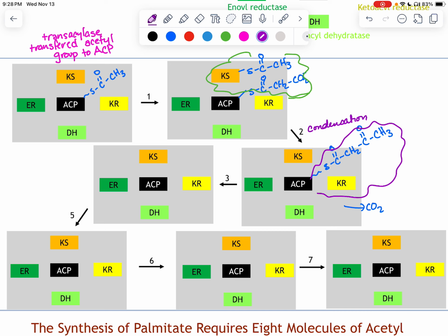Now that it is formed in the KS active site, now it's in the KR active site. And when that happens, it's going to be reduced. All right, so we have a reduction reaction here. So this is going to be a reduction reaction.